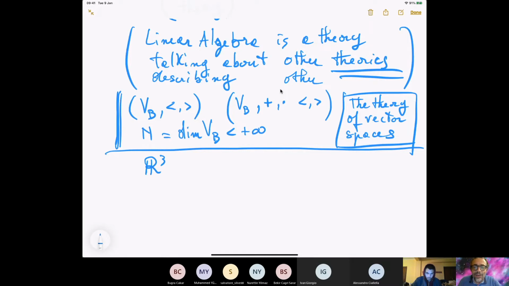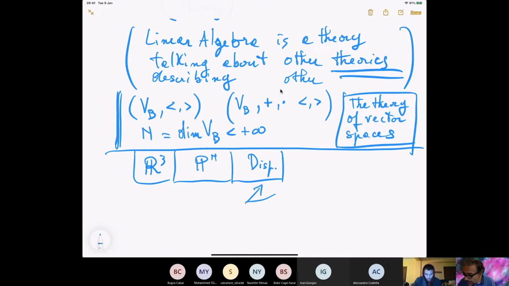So the vector space theory is talking about some phenomena which are not occurring in the real world. The theory of vector spaces is talking about how R3 is behaving, or how Pn, the set of polynomials of order n, are working, or how the set of displacements, so the arrows in the space, are working.